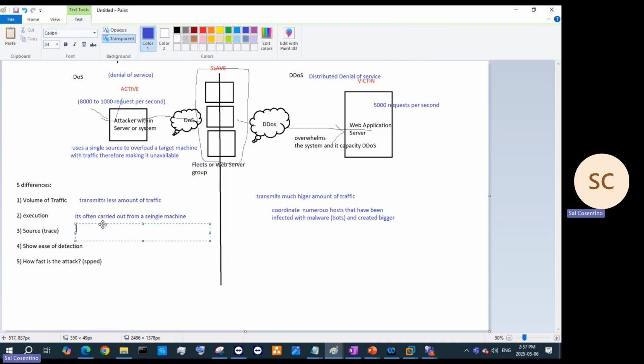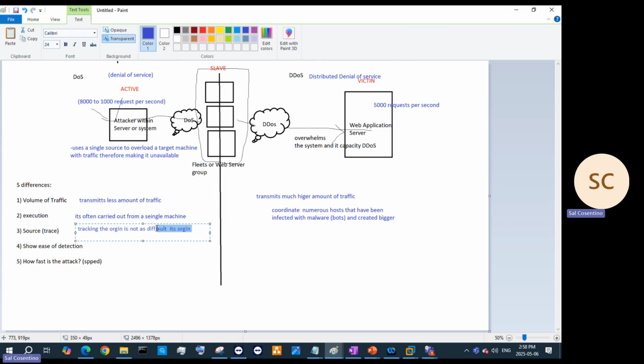So in a DoS, we can track its origin, or say tracking the origin is not as difficult, right?